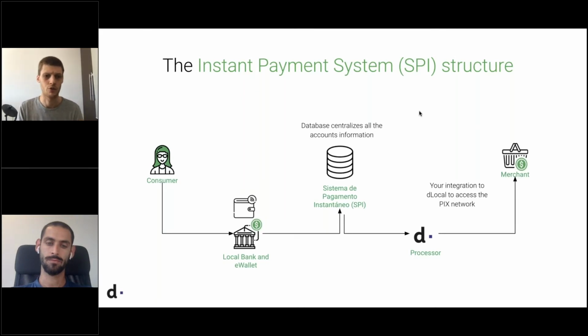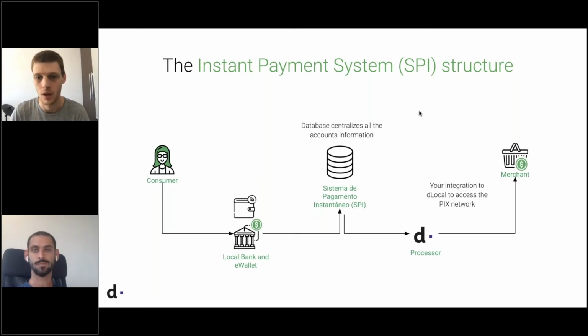As you see, all the consumers have their local banks and e-wallets connected, and merchants can be connected directly, in this case through dLocal, to access the PIX network and start working with all the users' accounts that are connected. So you can access all the financial institutions through dLocal to receive and send payments, interacting with your consumers.